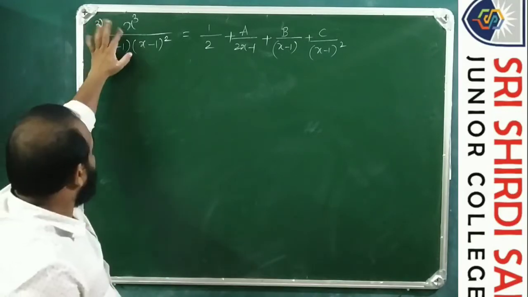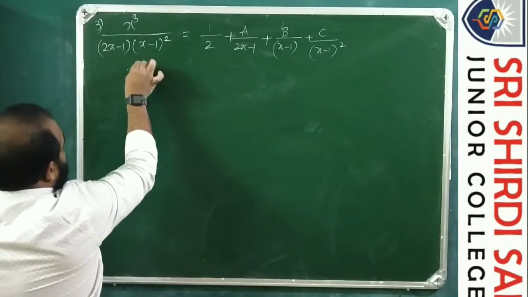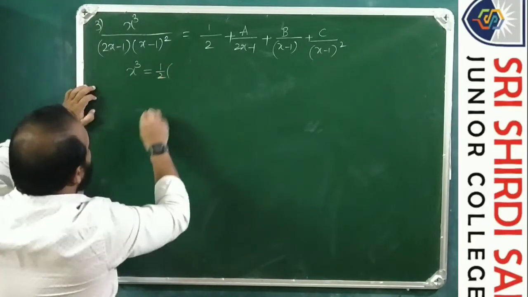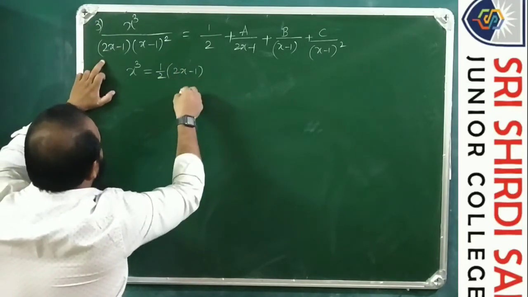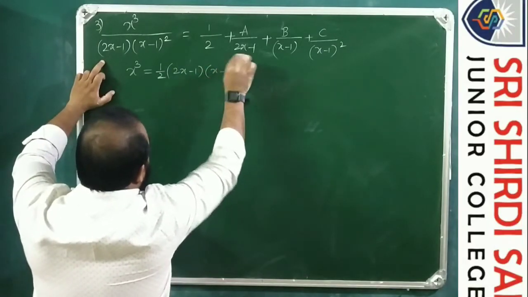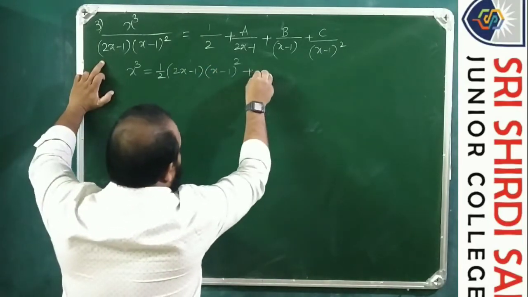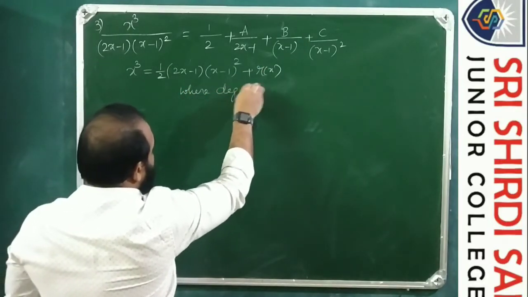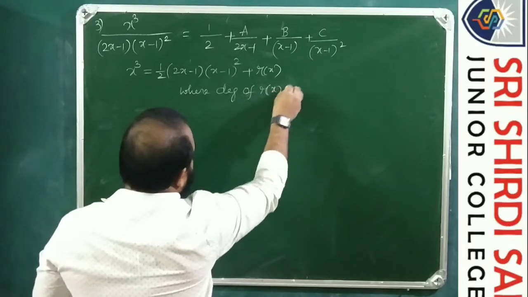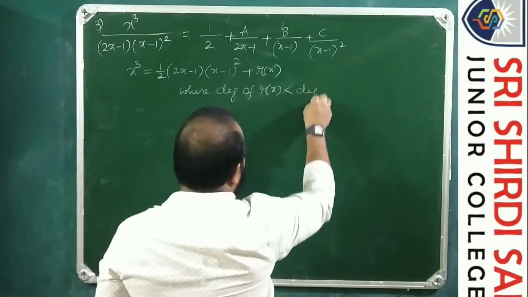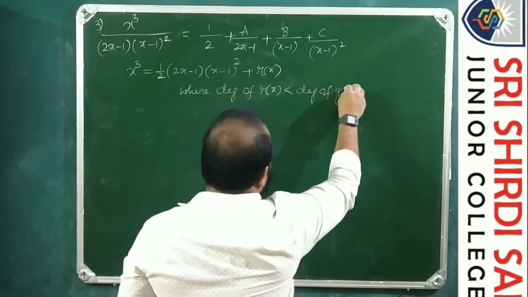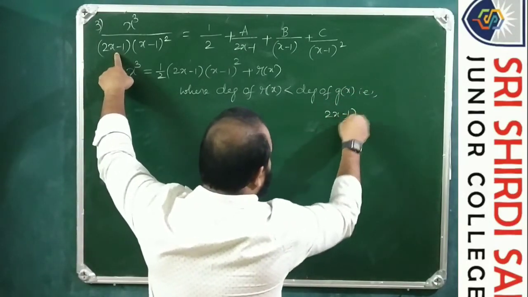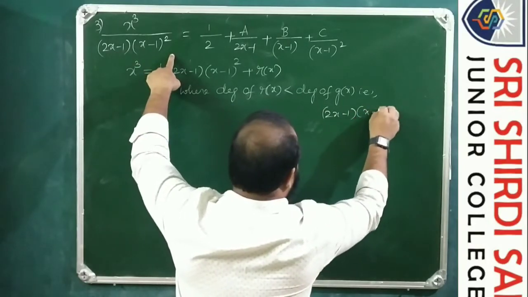So here x cube is equal to 1 by 2 into 2x minus 1 into x minus 1 whole square plus r of x, where the degree of r of x is less than the degree of g of x, that is 2x minus 1 into x minus 1 whole square.